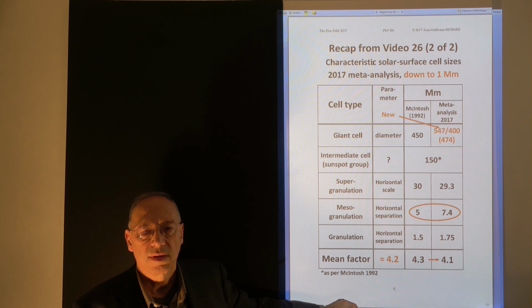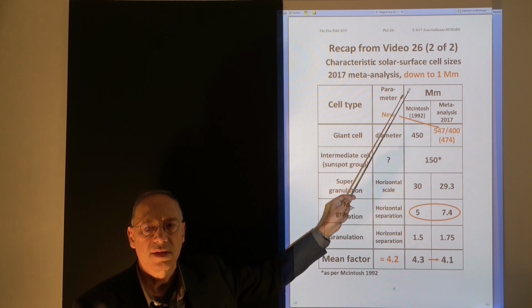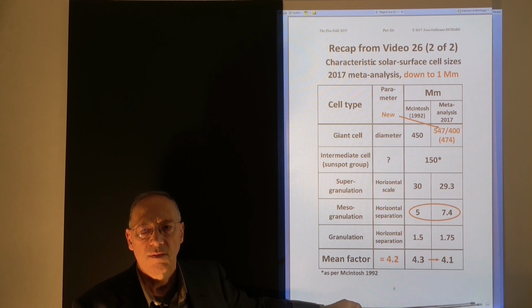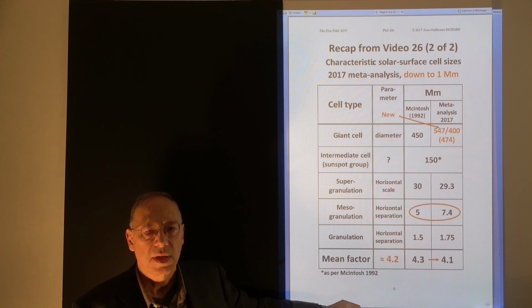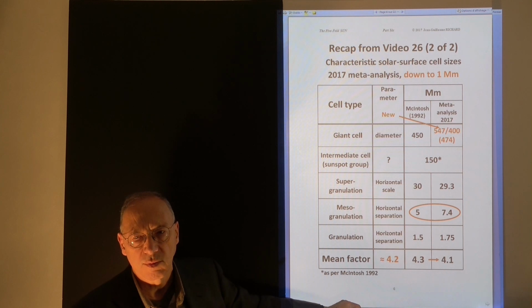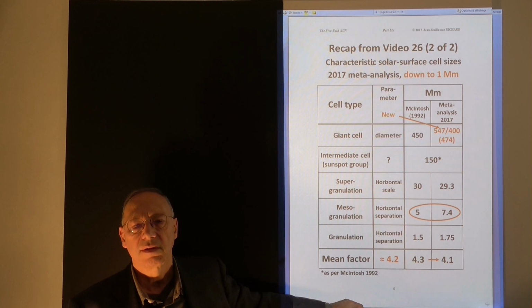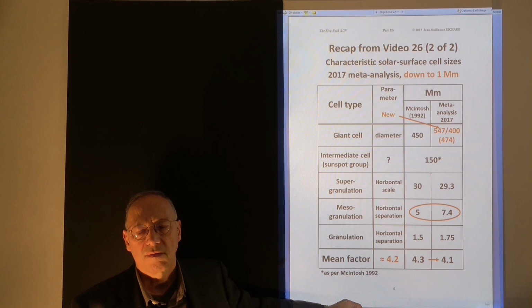And in this 2017 meta-analysis for cell sizes down to 1 megameter, we found that there is not much to reassess in the findings of the estimates of Mackintosh, except that we found already in the second part of this work, dealing with the 3D volume geometry of the solar ball, an apparent bimodal distribution of the size of the giant cells.